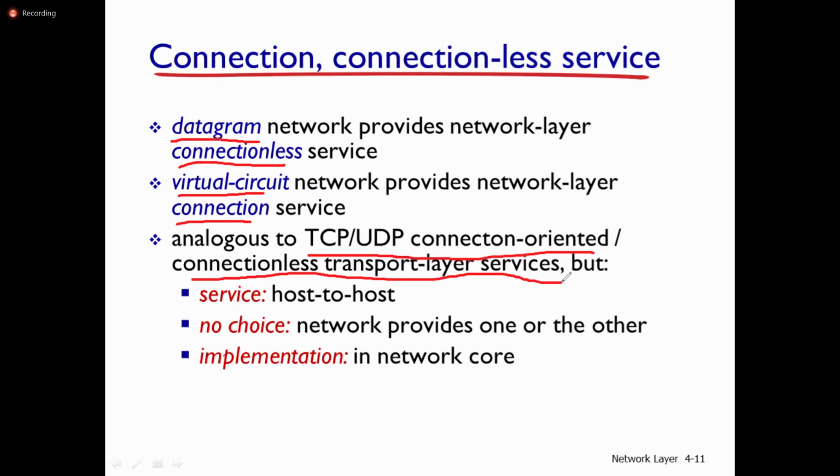Virtual circuit and datagram are analogous to TCP and UDP. TCP and UDP are transport layer protocols, whereas virtual circuit and datagram come under the network layer. Here the service is host to host delivery, but in the case of transport it is process to process delivery. Here there is no choice; the network provides one or the other, virtual circuit or datagram. This is implemented in the network core, as part of the network layer.